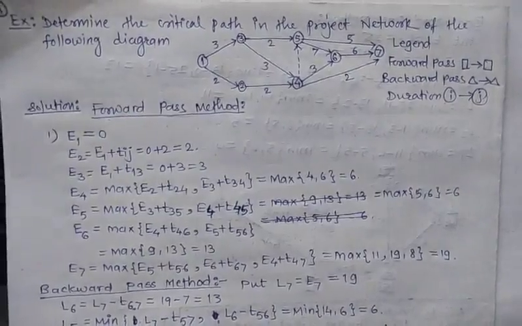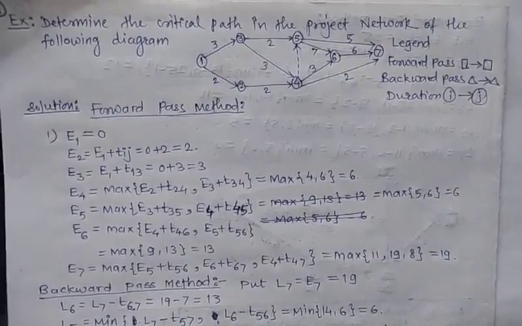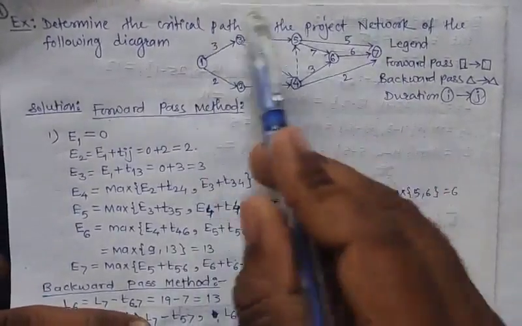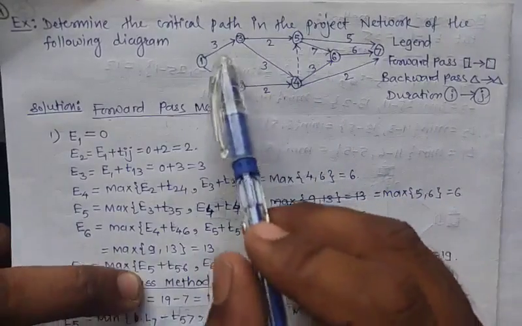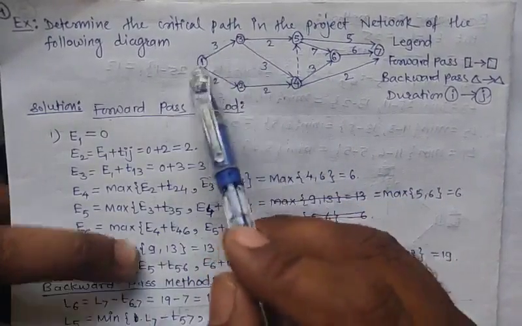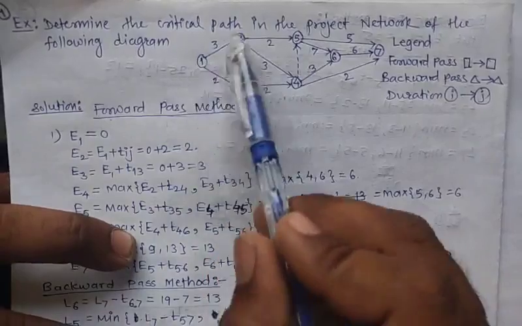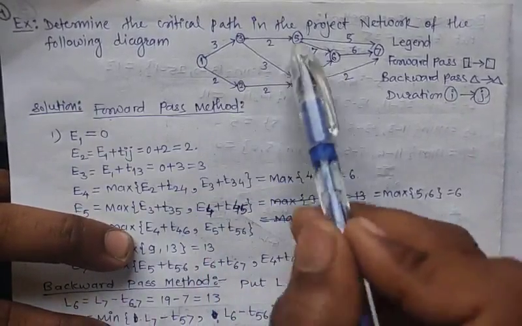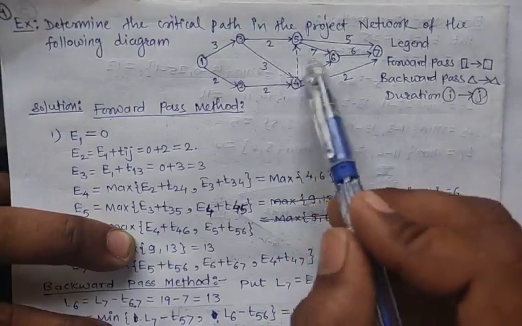Now let's see another example. Determine the critical path in the project network of the following diagram. We have this diagram, and we are also given the time between any two events. Here we have 1 to 3, 1 to 2, 2 to 4, 3 to 5. 3 to 5 is a dummy activity, so it has no time.